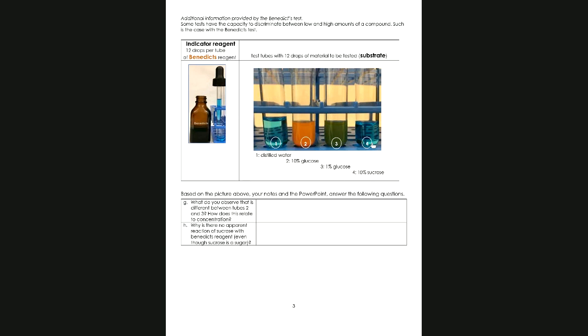And you see here, you don't have a color change with sucrose. With 1% glucose and 10% glucose, this is semi-quantitative. So you can tell that with 1% glucose, you only go to green from the blue. You don't go all the way to the orange. And you explain here why this is the case.